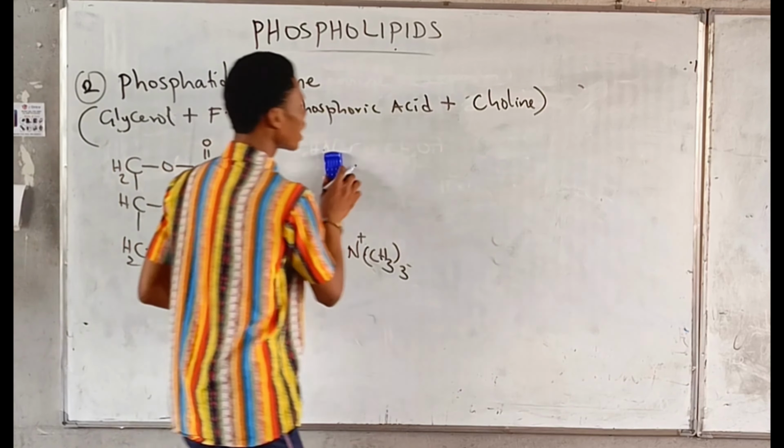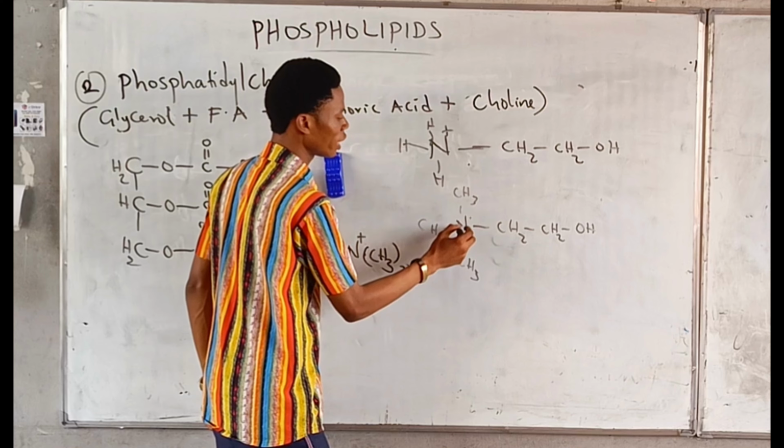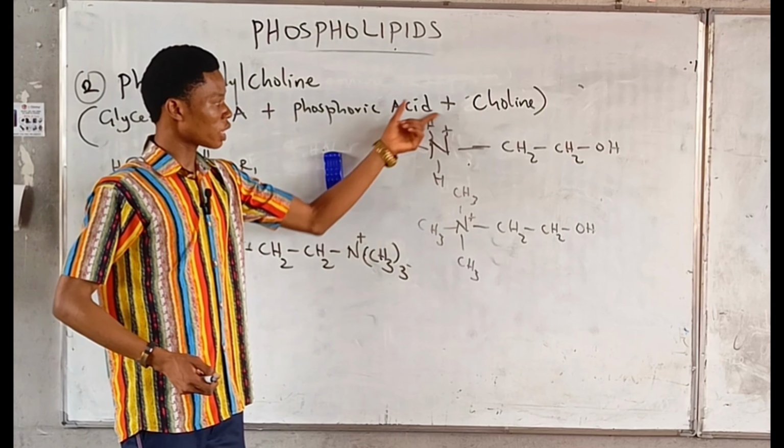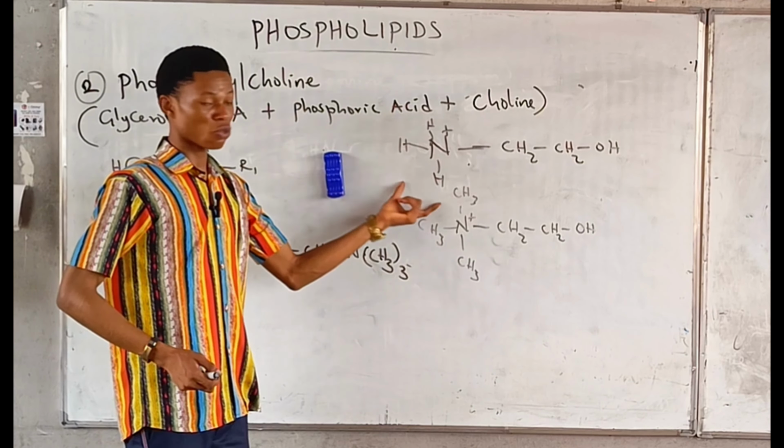But in choline, I'll be having here CH3, CH3, CH3, and since we've overloaded nitrogen, we'll put plus there. So the difference between ethanolamine and choline is instead of 3 hydrogens, we'll put 3 methyl groups, right? So at this point, what we now have is what? This structure on the board is phosphatidyl choline.